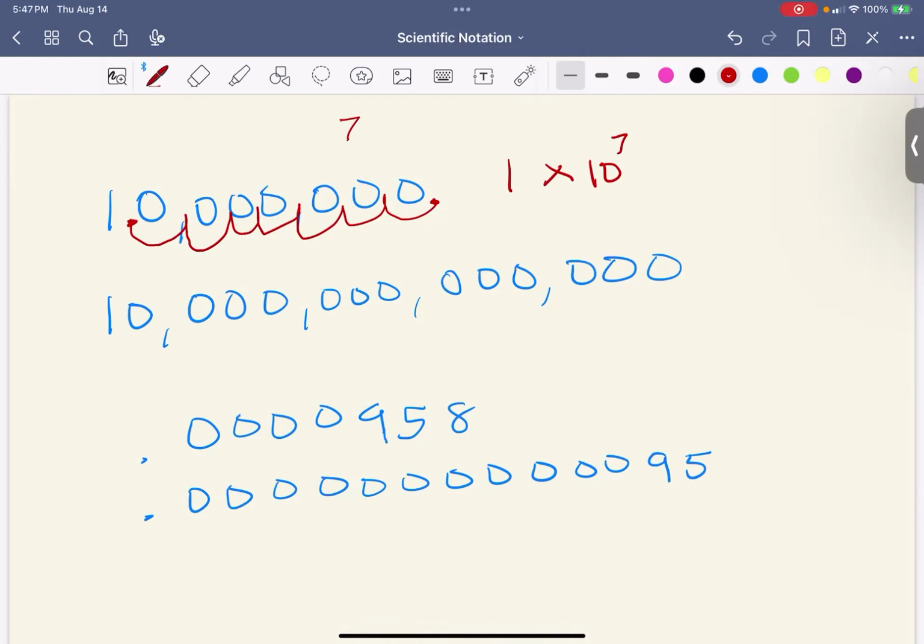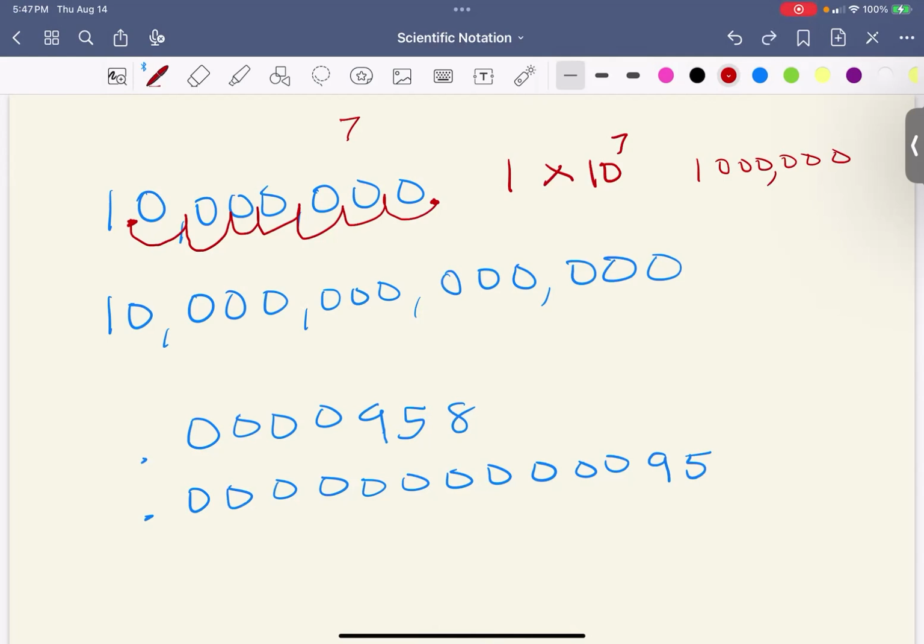10 to the seventh power is 1 with 7 zeros. So that's 1 and then 7 zeros, 2, 3, 4, 5, 6, 7. And if I put in the commas, looks like I missed a number.